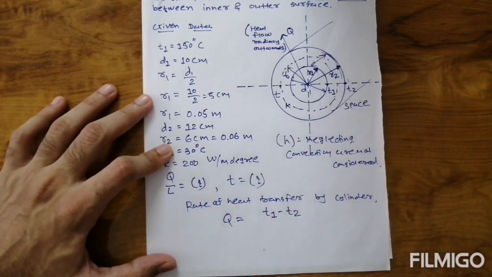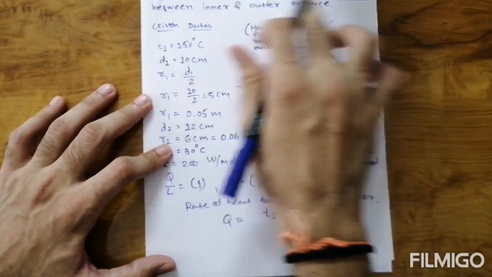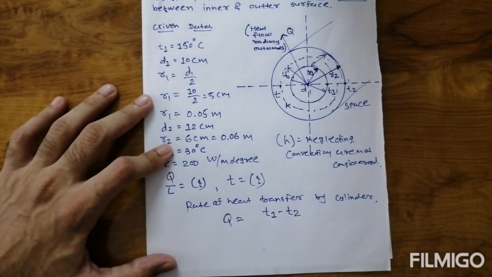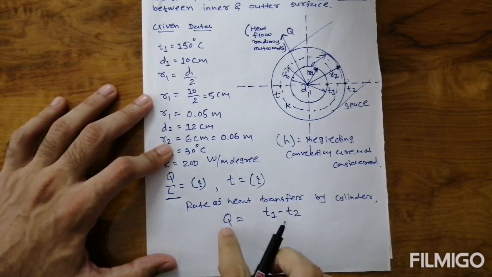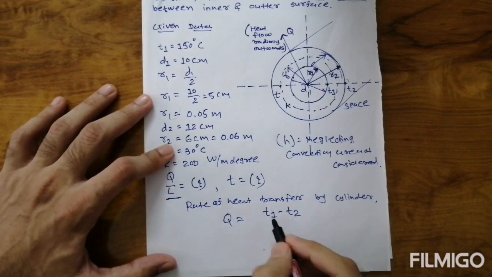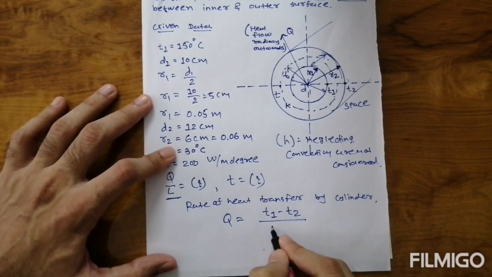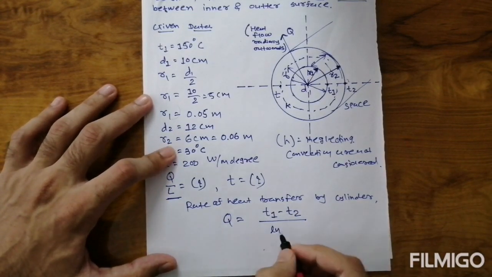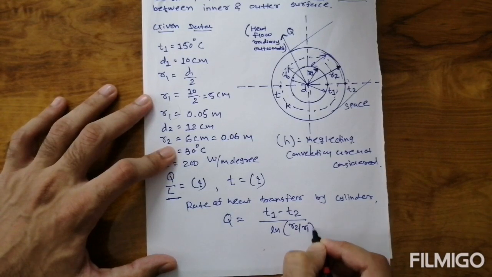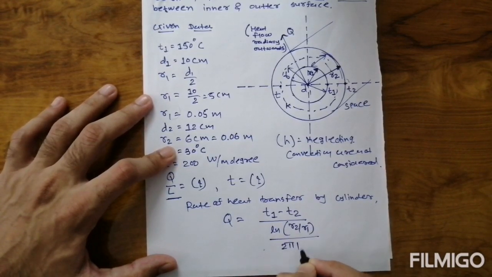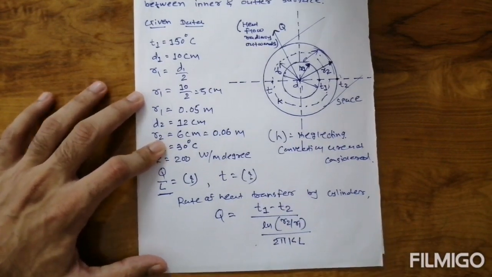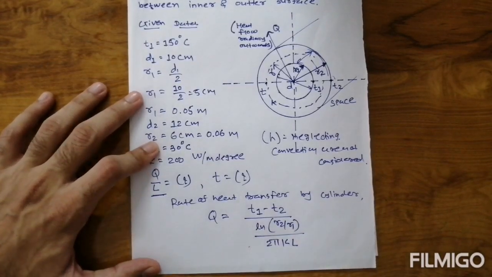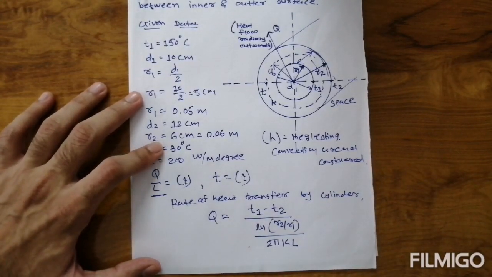Initially we neglect the halfway and only concentrate on Q by L. So Q is equal to T1 minus T2 divided by the cylinder resistance, ln R2 by R1 divided by 2 pi K into L. That equation is already derived in the hollow cylinder theory.